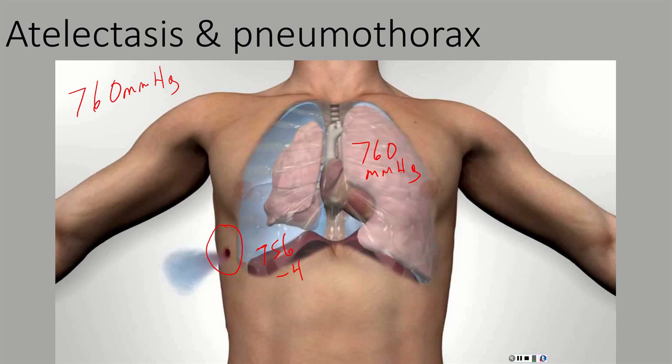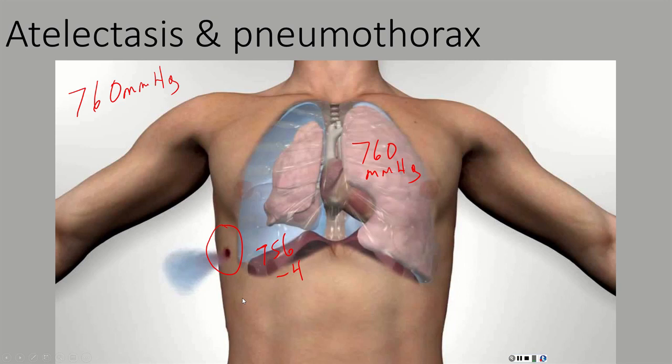But let's say something happens, you land on a ski pole or something, and it pokes a hole in your chest that goes all the way through into this intrapleural space. Now there's air that can get into the intrapleural space from the atmosphere. I hate that it shows air coming out. Really, it would be air going in.